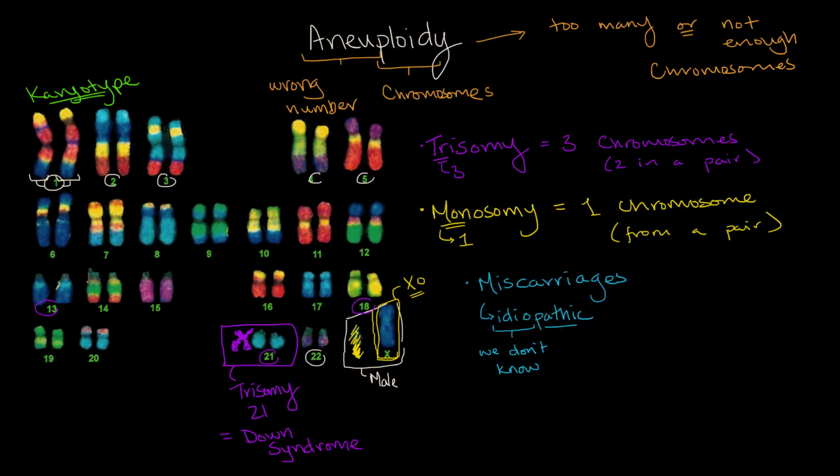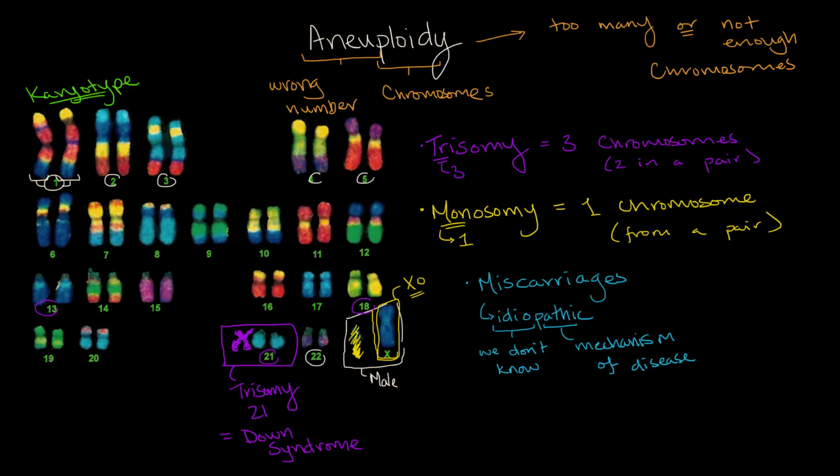And pathic is like pathology, or the mechanism of disease. And so the word idiopathic means we actually don't know why it's caused. And so miscarriages are often idiopathic, which means that we don't know why the miscarriage happened in the first place.